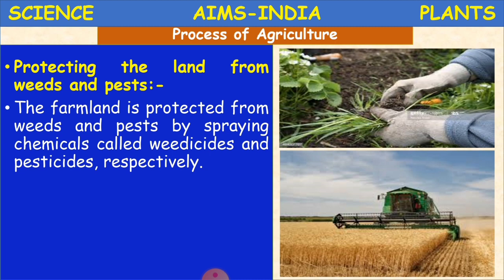Why do we have to protect the land from weeds and pests? Weeds spoil the fertility of the soil. Whatever nutrients we give to the soil to maintain its fertility, along with our normal crop, the weeds also take the nutrients.